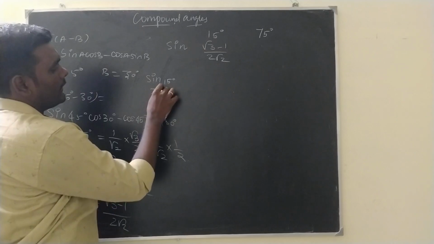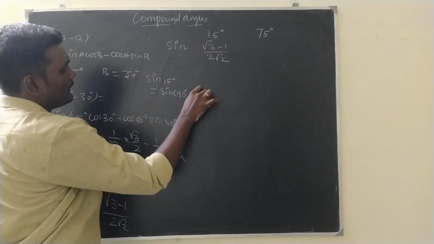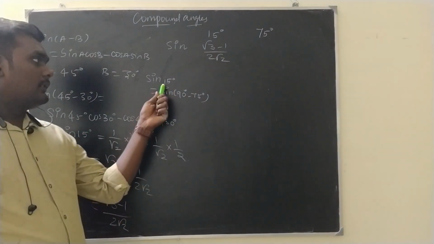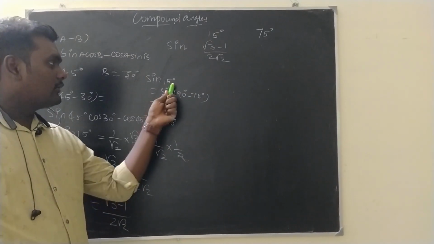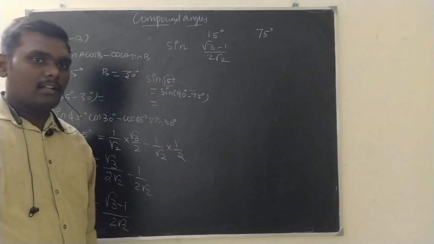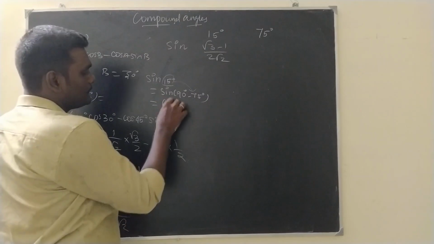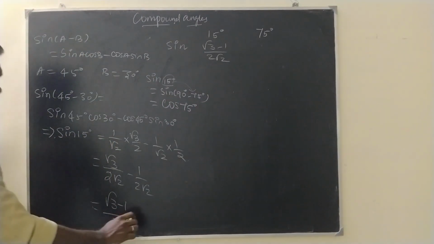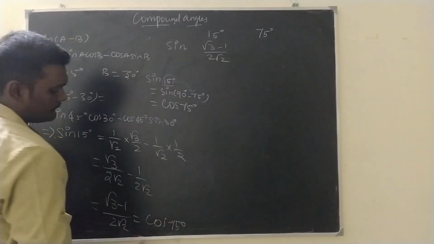Sin 15 degree can also be written as sin of 90 degree minus 75 degree. 90 minus 75 is 15, so instead of 15 I wrote 90 minus 75. Now apply the 90 minus theta formula. What is our value? Cos 75 degree. So the same value applies for cos 75 degree as well.